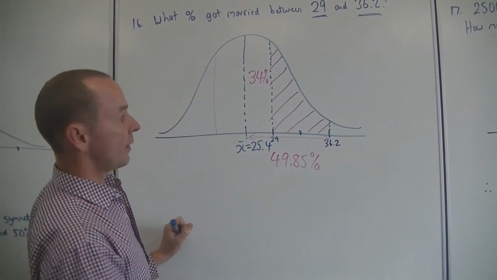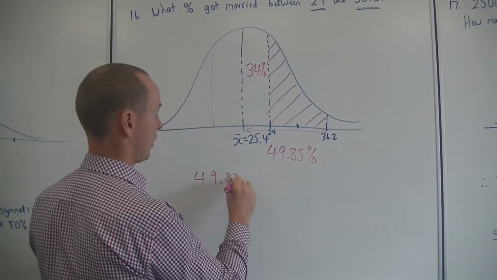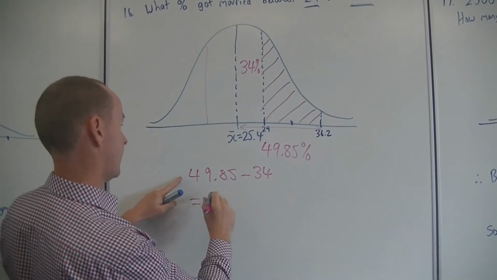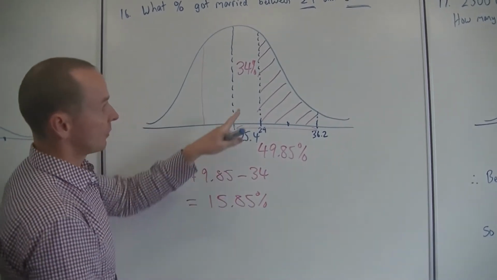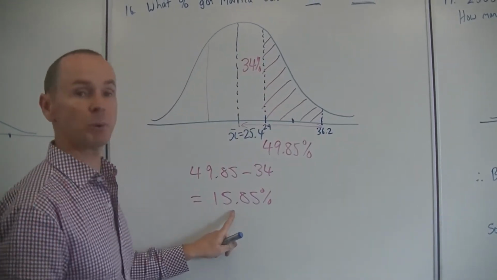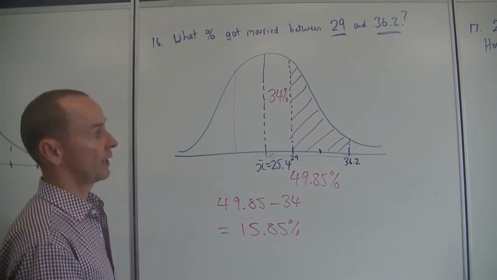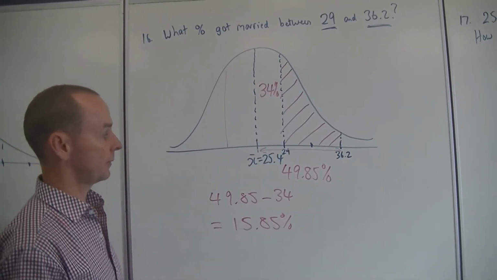Now to find that middle bit there, we just go 49.85 subtract 34%, and we should get 15.85%. So that region that's shaded in is 15.85%. There are other ways to work it out as well. That's fine, you can work it out whichever way you want. I don't really care, but that's just one method to do it.